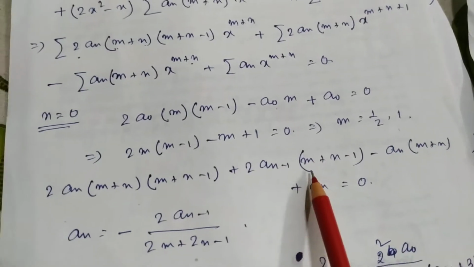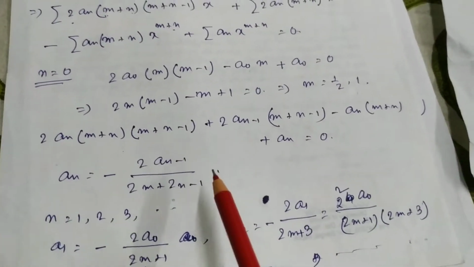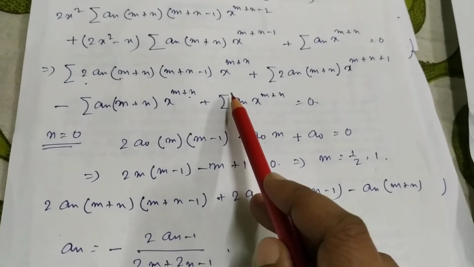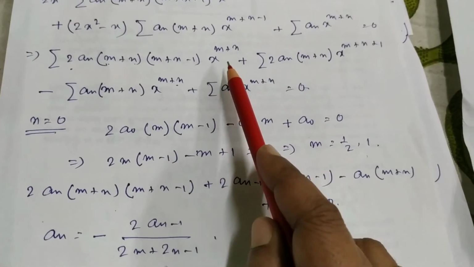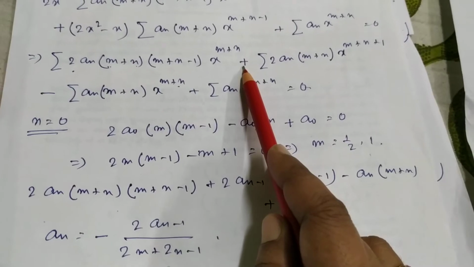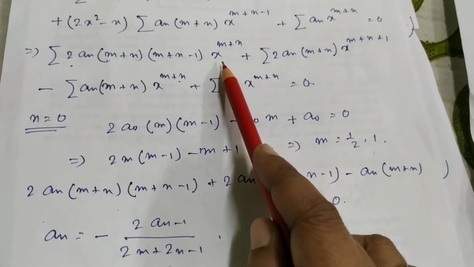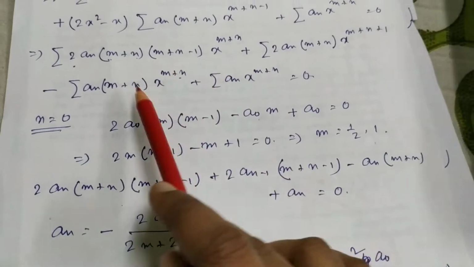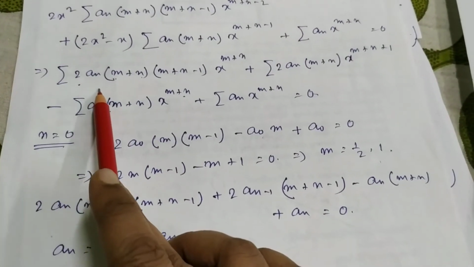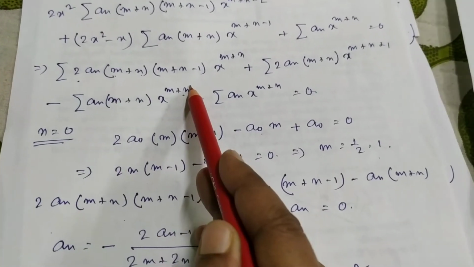Next, here the general power of x is x to the power m plus n. Its coefficient is 2an into m plus n minus 1.